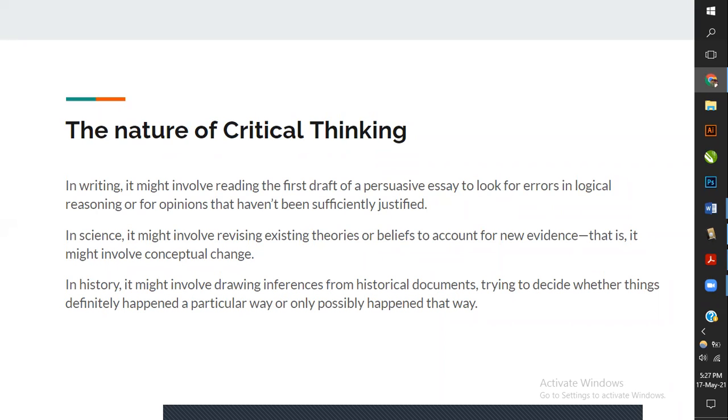History involves drawing inferences from historical documents that have already passed, trying to decide whether these things actually happened or not. So in critical thinking, we will be able to use all of this to break down what we might want to write today.